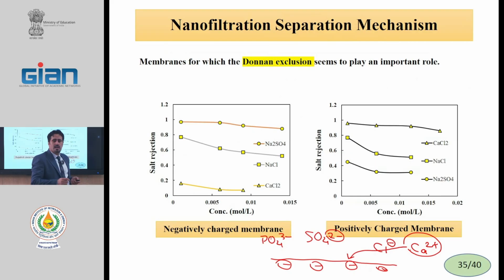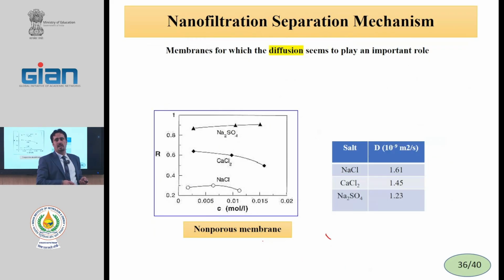Nanofiltration membranes have 2 types. One type mostly rejects by Donnan exclusion and has these trends, but some nanofiltration membranes have a low charge or no charge, and this low charge has no influence on the rejection.